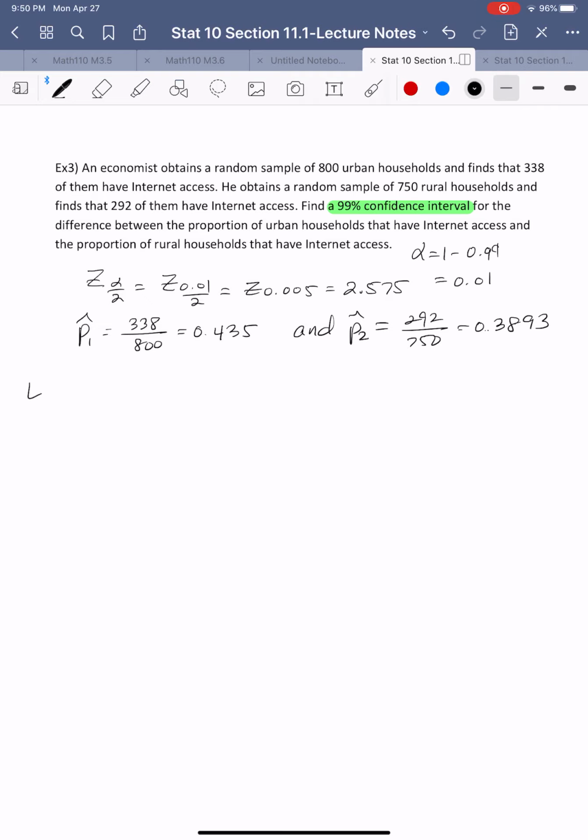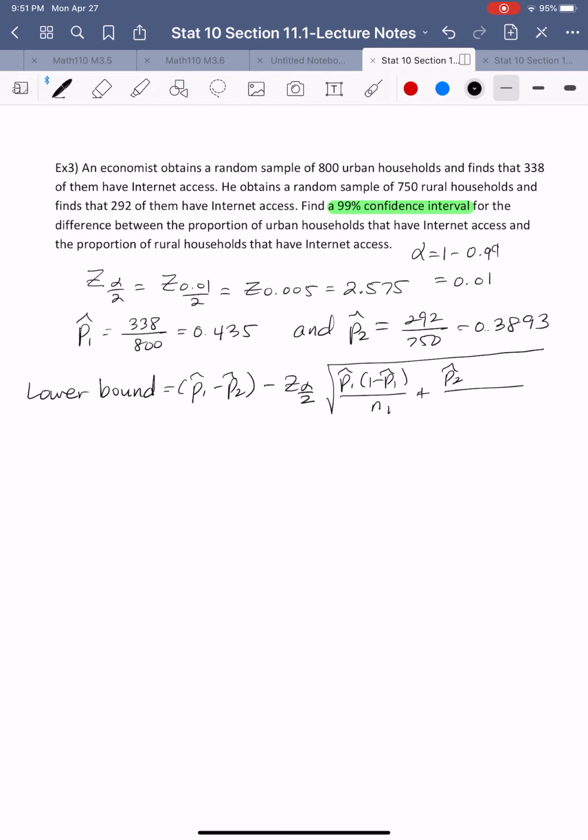And then the lower bound is p1 hat minus p2 hat minus z sub alpha over 2 times the square root of p1 hat times 1 minus p1 hat over n1 plus p2 hat times 1 minus p2 hat over n2.